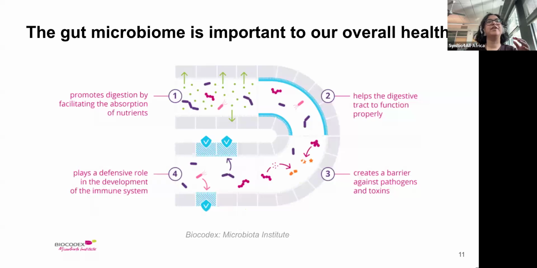First, the gut microbiome is important for the reason we touched on briefly at the beginning, because it promotes digestion by facilitating the absorption of nutrients. It helps you pick up sugars, amino acids, and vitamins into your intestinal cells through the fermentation of a small fraction of food.